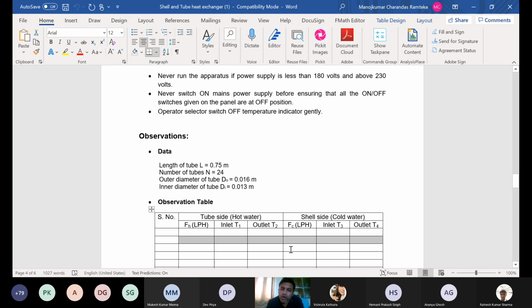So Mukesh ji, is it correct? These values are at steady state, or are they varying with time? These are the steady state values you are getting right here. Sir, we are taking the first reading at time equal to 0, then we are taking readings at a time interval of 5 minutes. Okay.